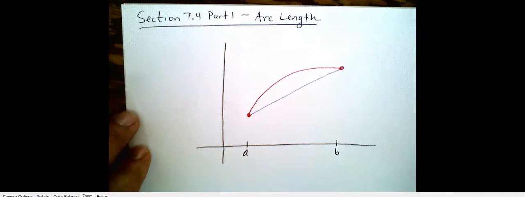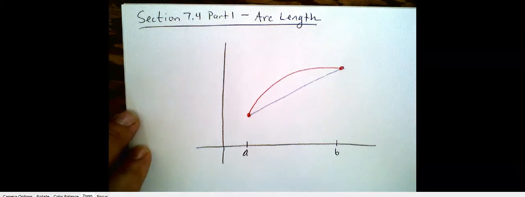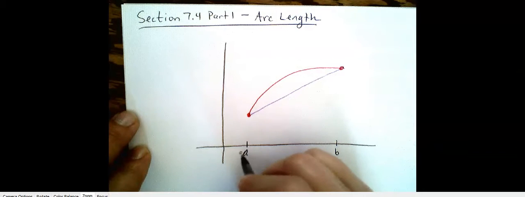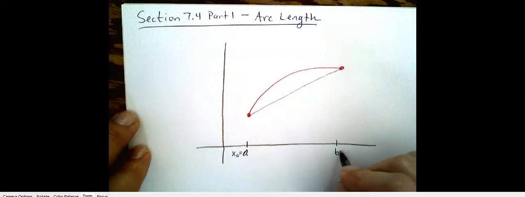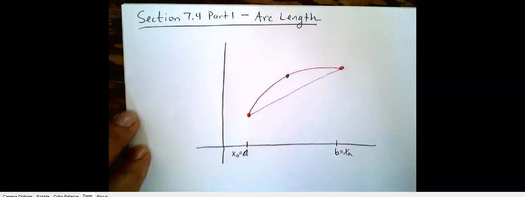So what we can do is maybe make two. Instead of using this one line, let's use a couple of different lines. So let's call this x0, let's call this xn. Okay? So we're going to do our approximation techniques that we've been doing, right? Another way to do this would be to use maybe two lines. So at another point on the curve here, use two straight lines, here and here.